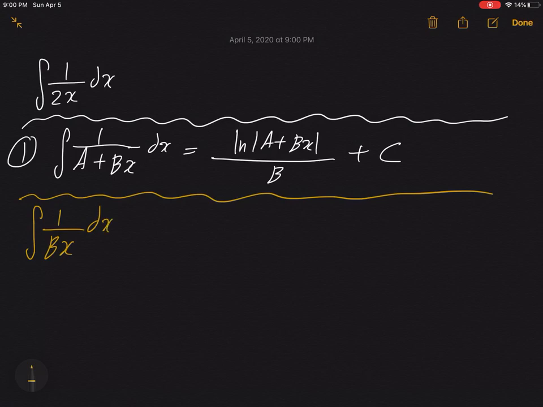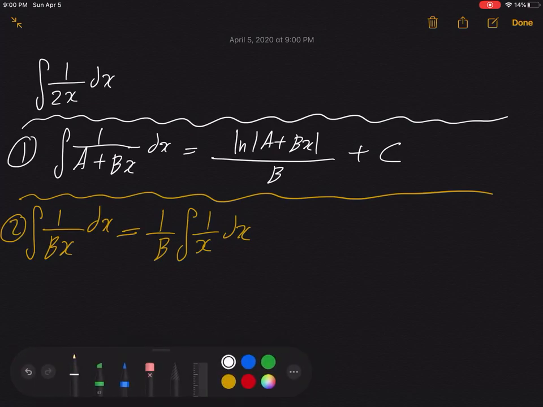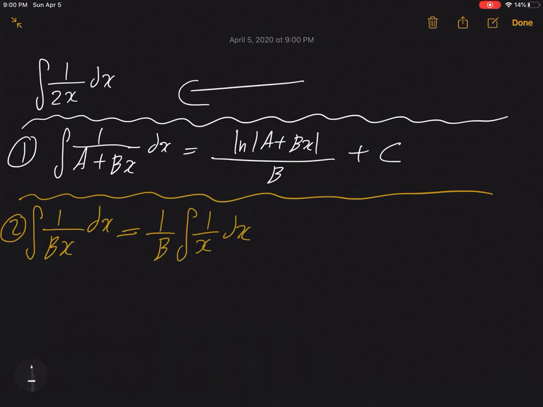We know that this must evaluate to the same value as 1 over b times the integral of 1 over x dx. Let's say that this is the second property that we are going to rely upon in evaluating this integral.